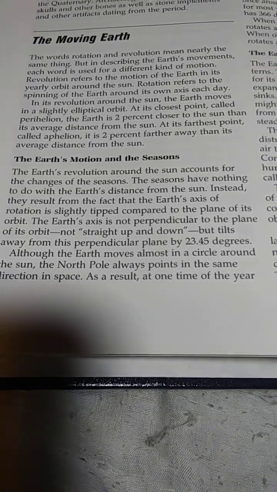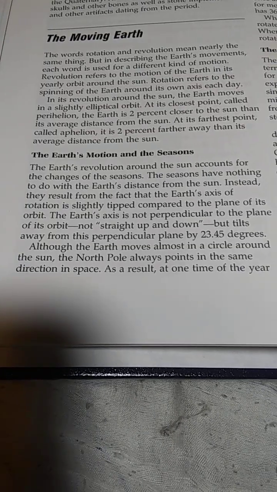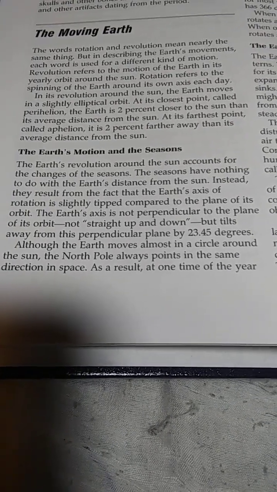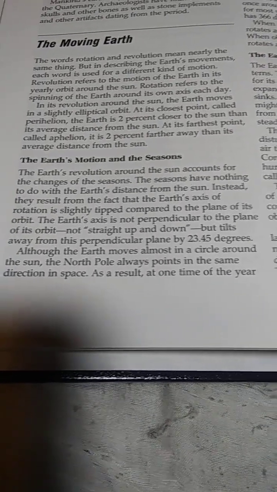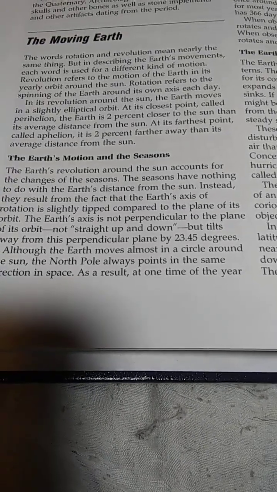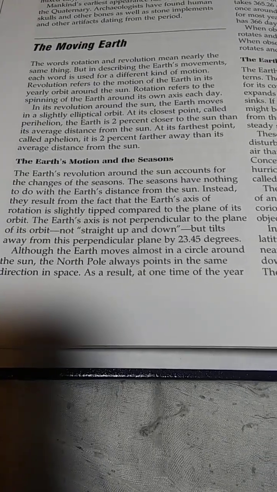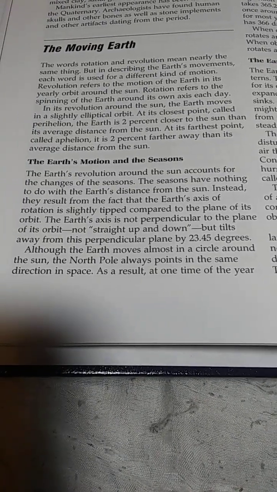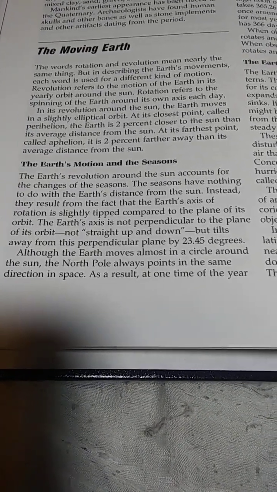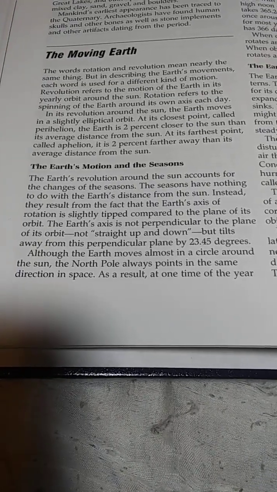The Earth's axis is not perpendicular to the plane of its orbit, not straight up and down, but tilts away from the perpendicular plane 23.45 degrees. Although the Earth moves almost in a circle around the Sun, the North Pole always points to the same direction in space.